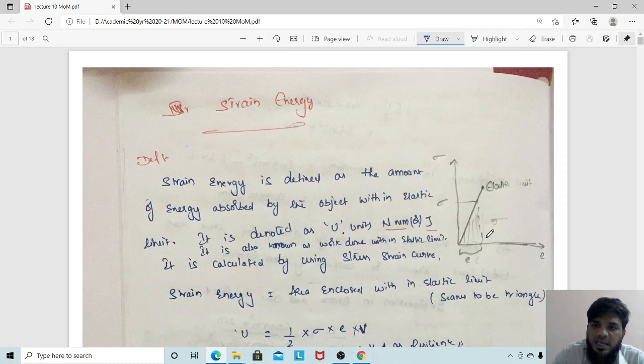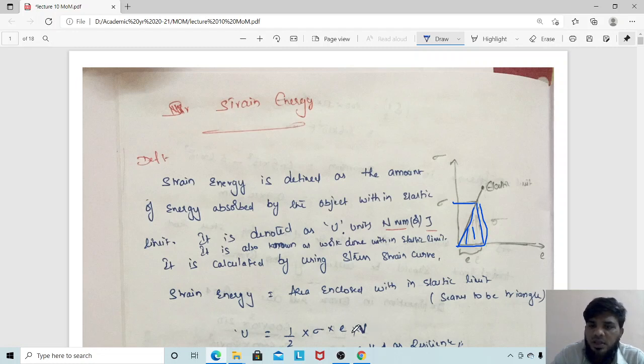In mathematics you have studied the area under the curve, which is integration, and the area should be considered only below the curve. Here it looks like a triangle, so the area is half into sigma into epsilon, that is, half into stress into strain.